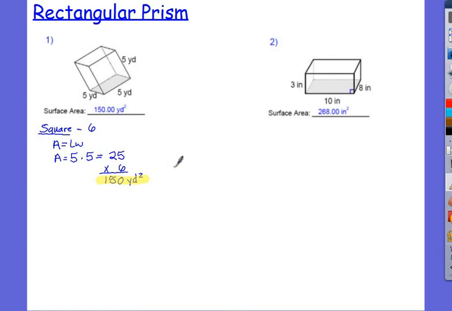Now, for number 3, I would suggest writing very tiny because it's a lot more work. On number 2, what did I say? Number 3, number 2, they're the same thing. This forms a rectangular prism. Nothing unique about it, but here is an example of a rectangular prism.